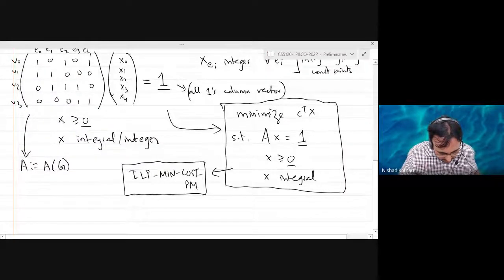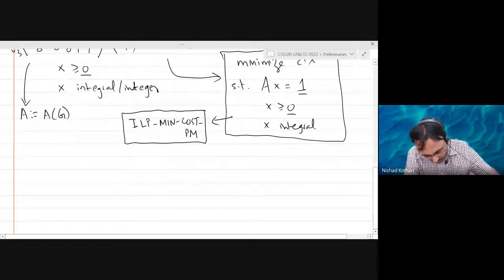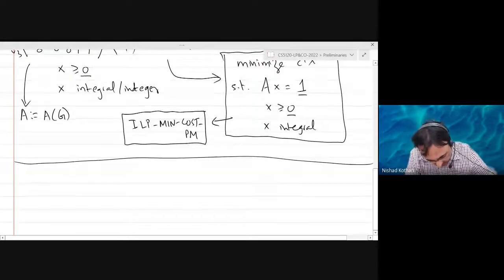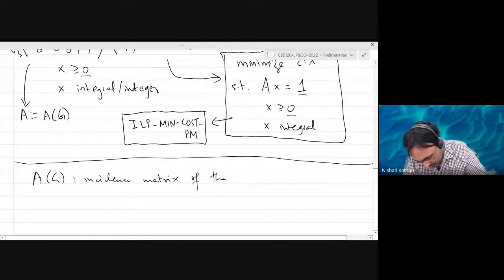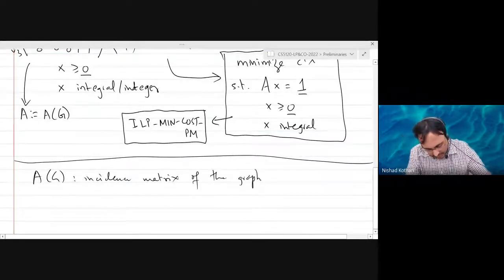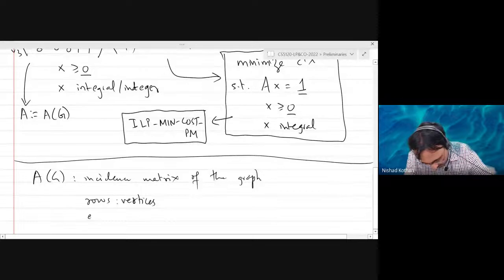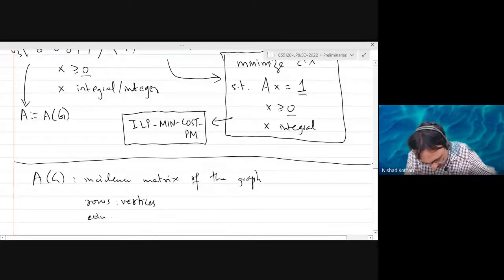So maybe I'll just make a quick point here. A of G is the incidence matrix of the graph G, where rows correspond to vertices and columns correspond to edges.